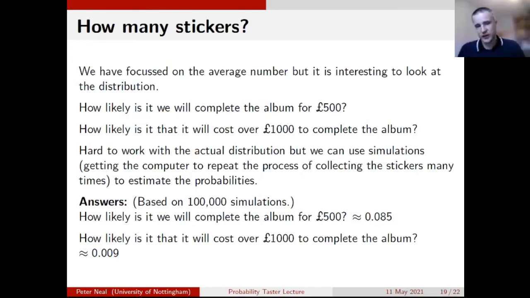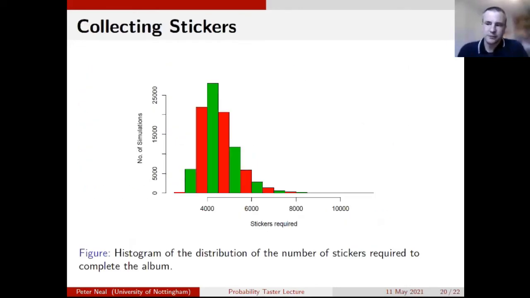But as I say, hopefully you can find some friends who are also looking to collect. We'll go on eBay or your other favourite selling site and maybe pick up those missing ones cheaper than having to trawl through lots and lots of packs. And here we just give a histogram of the number of stickers required to complete the album.